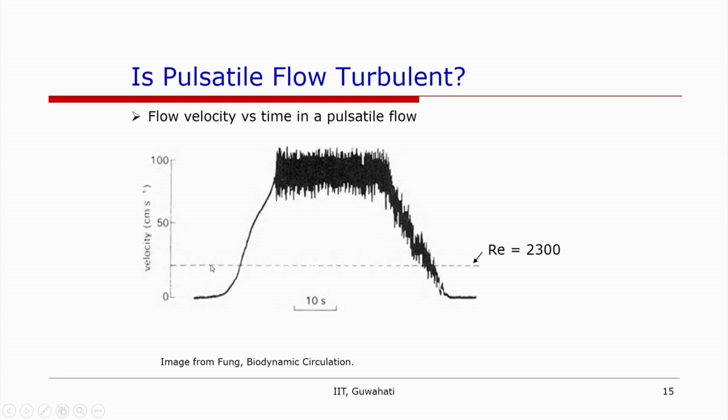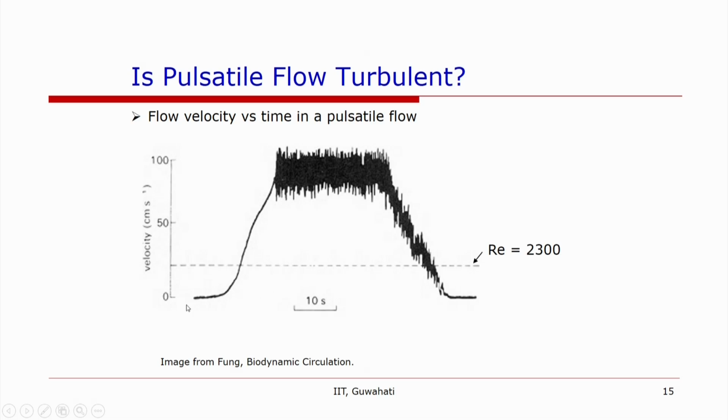The dotted line corresponds to Reynolds number 2300, which is considered the critical Reynolds number at which, in a smooth pipe, the steady laminar flow starts becoming turbulent, or the transition starts happening.